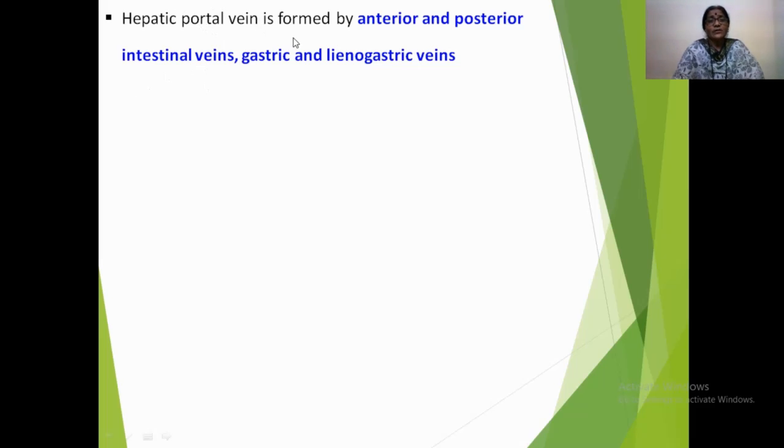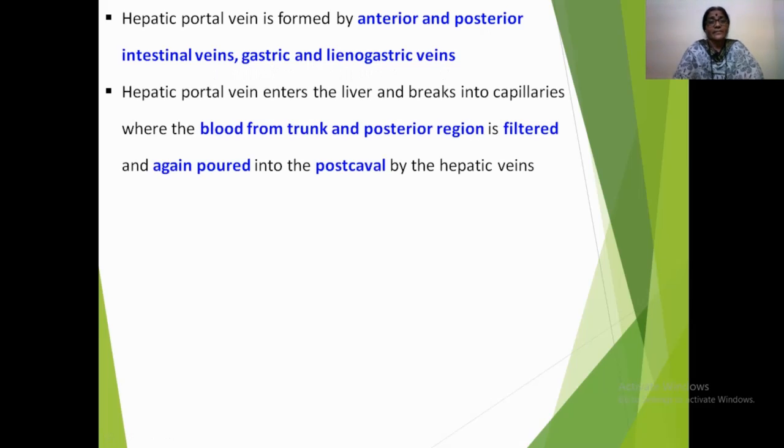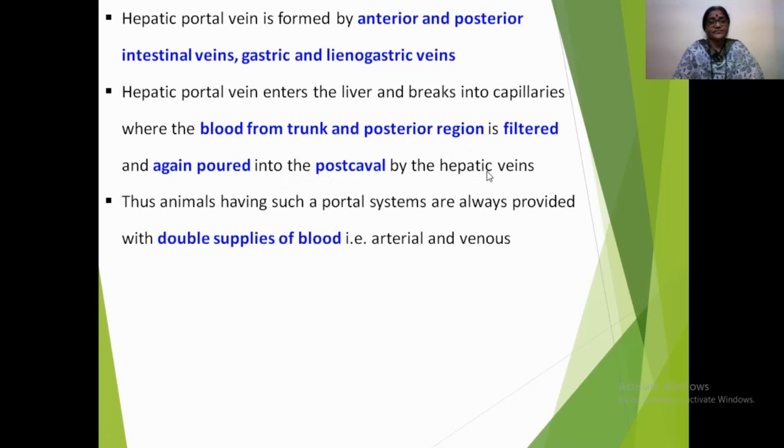The hepatic portal vein is formed by the anterior and posterior intestinal veins, gastric and the lienogastric veins. The hepatic portal vein enters the liver, breaks into capillaries where the blood from the trunk region as well as the posterior body region is filtered and again poured into the postcaval through the hepatic veins.